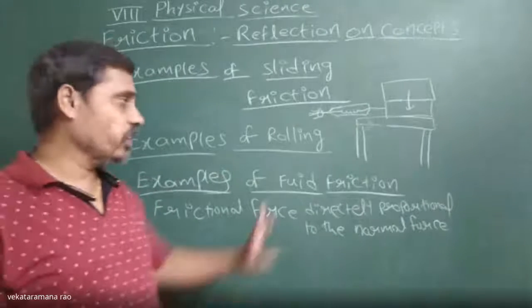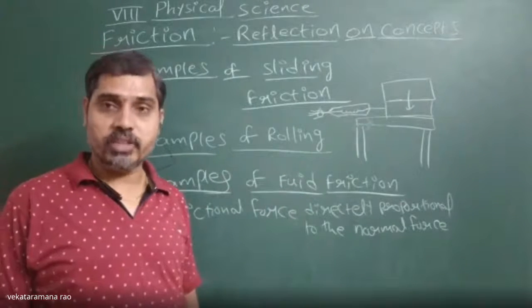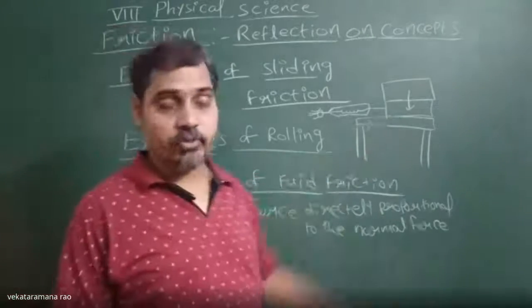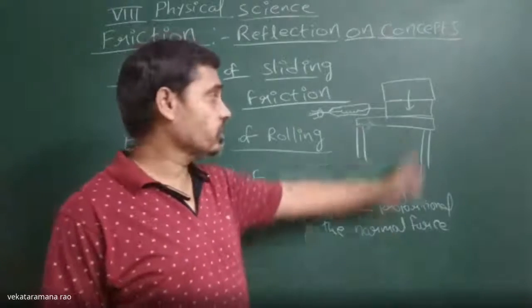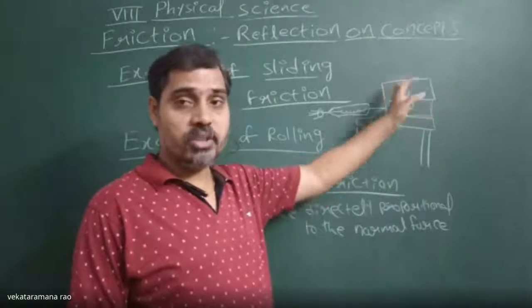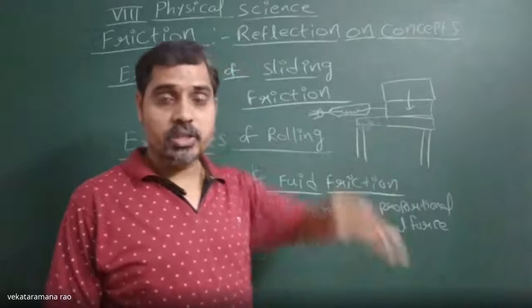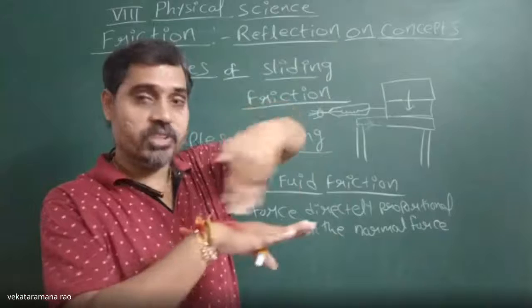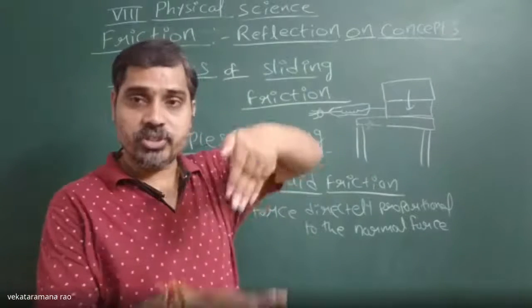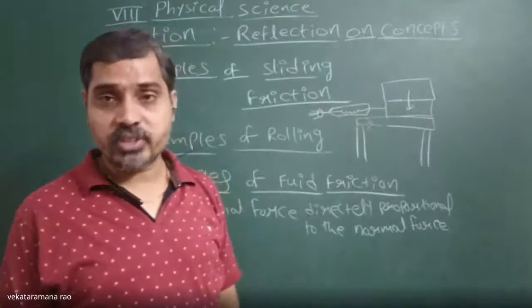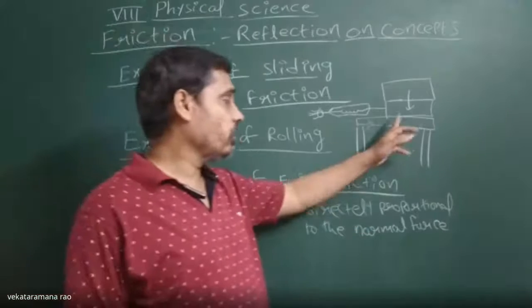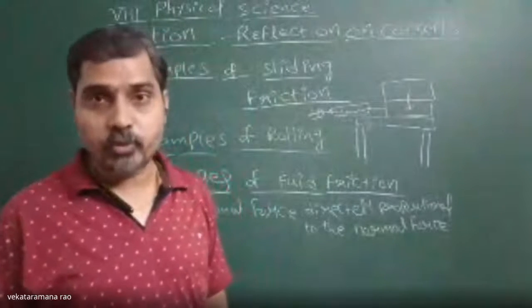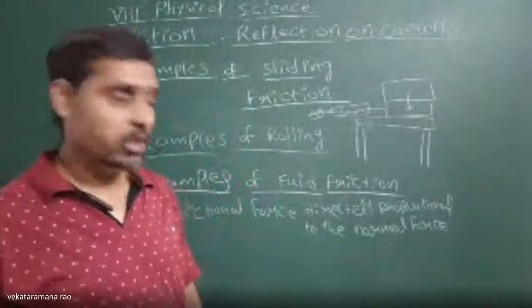In both cases, if you find the limiting force of static friction, in the second case it will be more. Why? Because the second block placed above the first is applying a vertically downward force, normal to the surface. As the normal force increases, the static friction offered on that block also increases, so the limiting force of static friction increases.